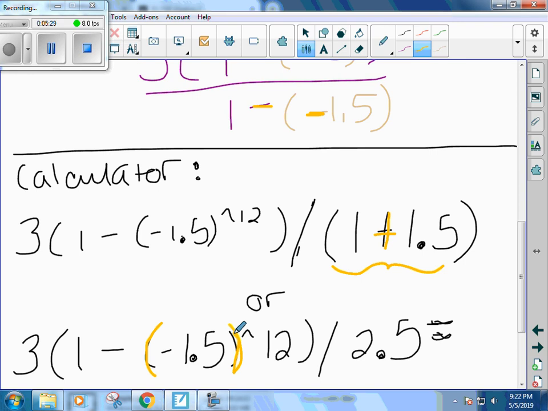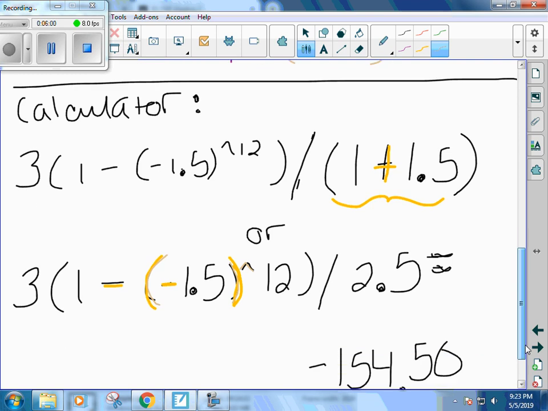We cannot do minus a negative, changing it to positive, because PEMDAS takes precedence and we've got to figure out what this is to the 12th power. Negative 1.5 to the 12th power is going to be a positive number. So then I would end up with 1 minus a positive number. Okay?